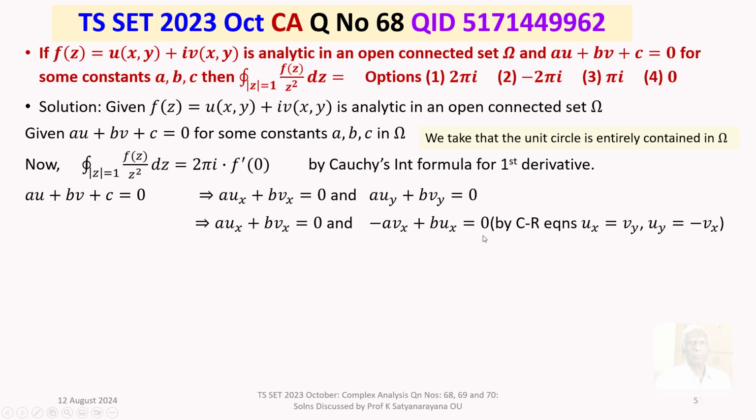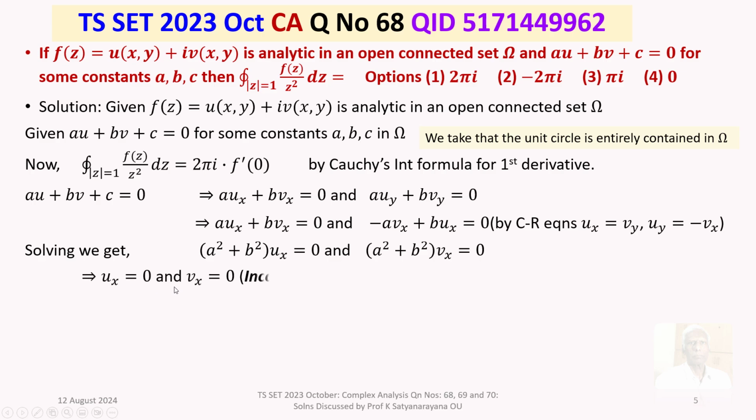So we got two equations, two unknowns, and we solve. On solving, we get (a² + b²) u_x = 0 and (a² + b²) v_x = 0. This will imply u_x = 0, v_x = 0, provided a² + b² is not equal to 0. That means at least one of these a, b is not 0, then a² + b² is not 0.